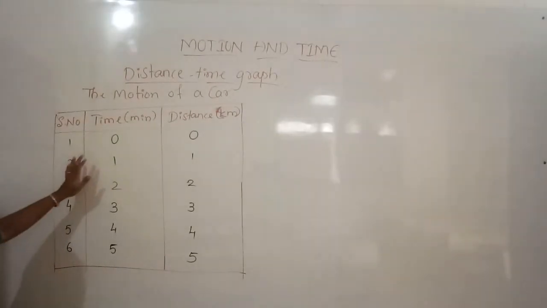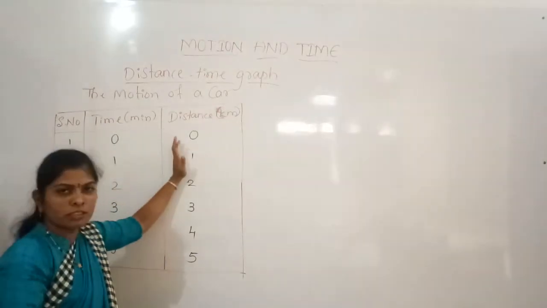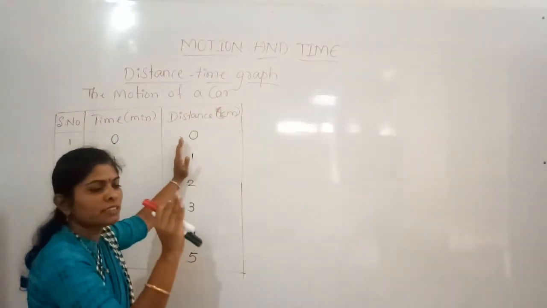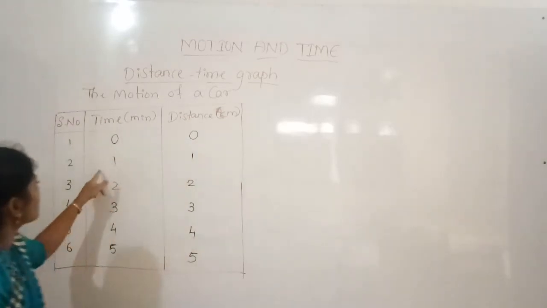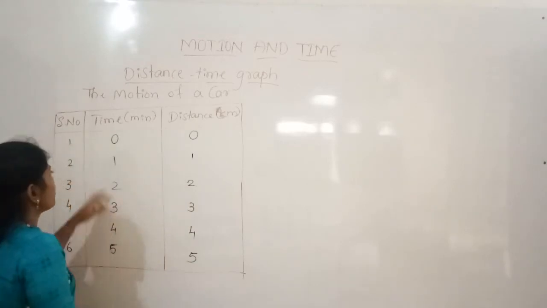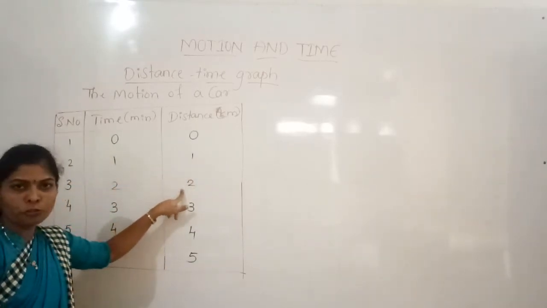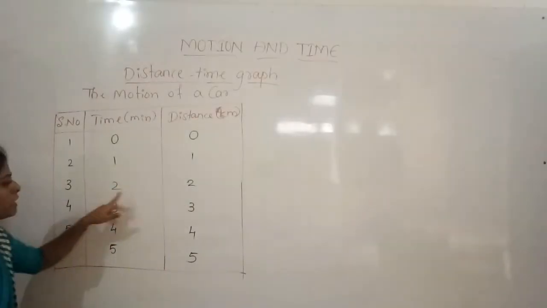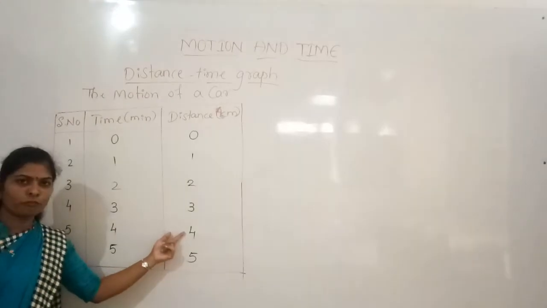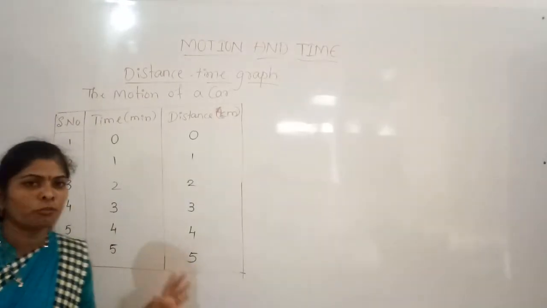So when it is initially at 0 minute, that time 0 distance, so the car will be in the stationary position, means it is at rest. And then when it starts traveling, in the first minute it has covered 1 kilometer, in the second minute 2 kilometers, in the third minute 3 kilometers, in the fourth minute 4 kilometers, and in the fifth minute 5 kilometers.